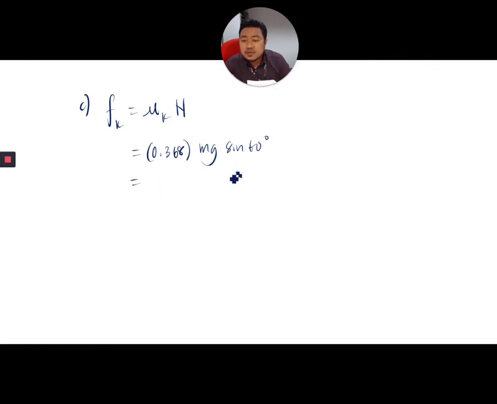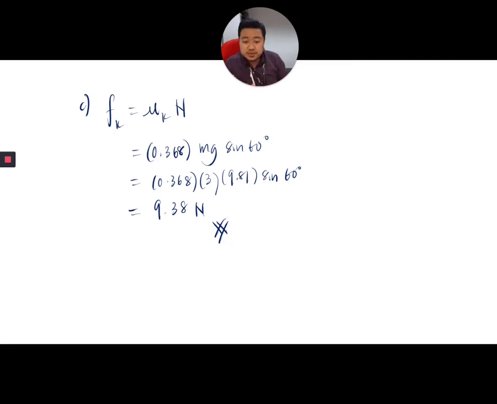So we're going to substitute the values: 0.368 multiplied with the mass, which is 3 kilograms, multiplied with g, the gravitational acceleration, 9.81, multiplied with sine 60 degrees. Alright, so the kinetic friction force is going to be 9.38 Newton. So this is going to be the answer for question 10C.